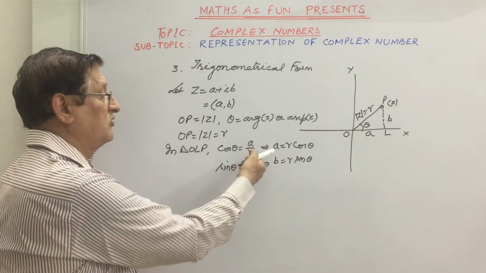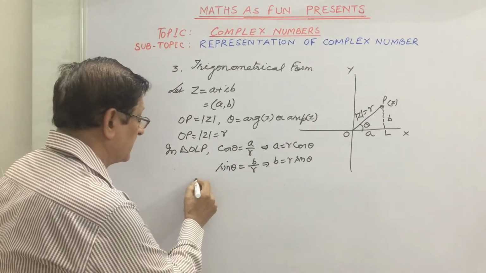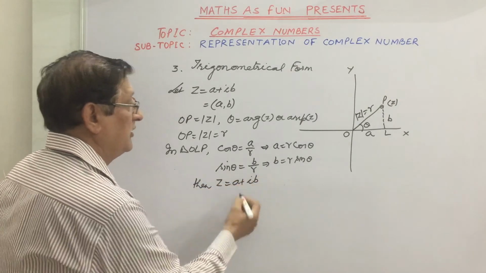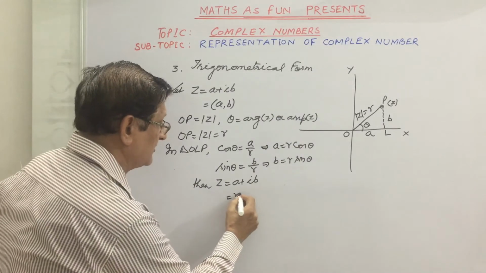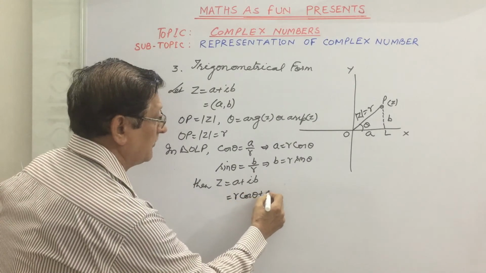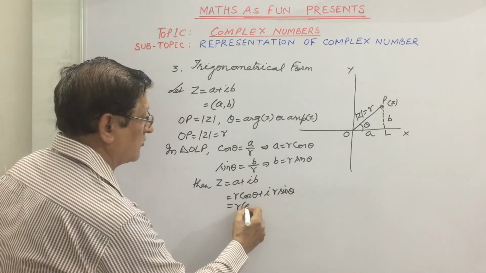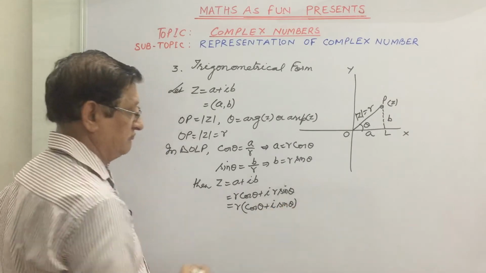If we have found the values of A and B in terms of R and theta, then we can represent Z, which is A plus iota B, in terms of this R and theta. Can we write this as R cos theta plus iota R sin theta? If we take R common, this is cos theta plus iota sin theta.